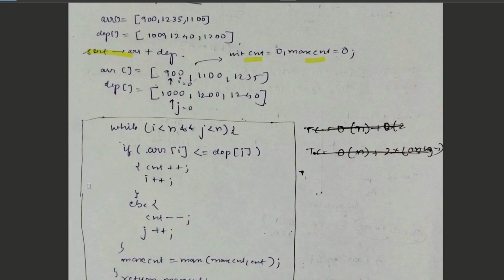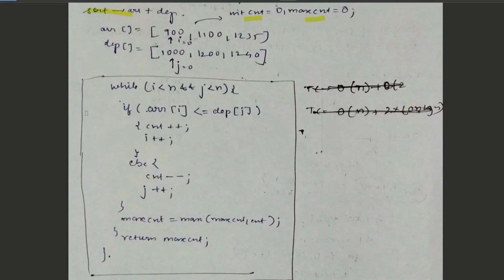So after sorting, we initialize the pointers I and j to the 0 index. Now we use a while loop to traverse the whole array, with the condition that I is less than n and j is less than n.